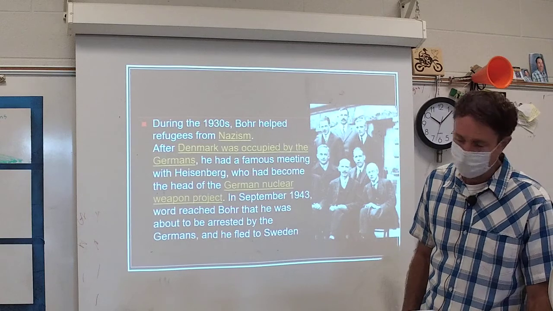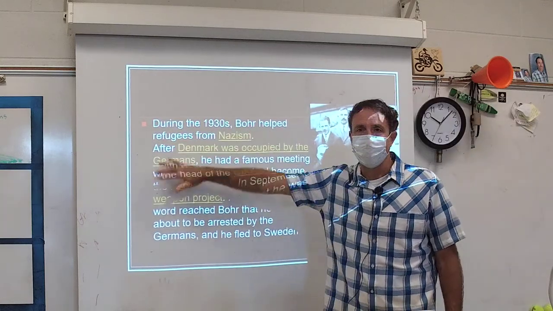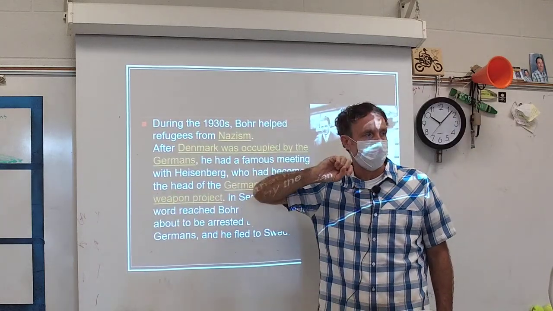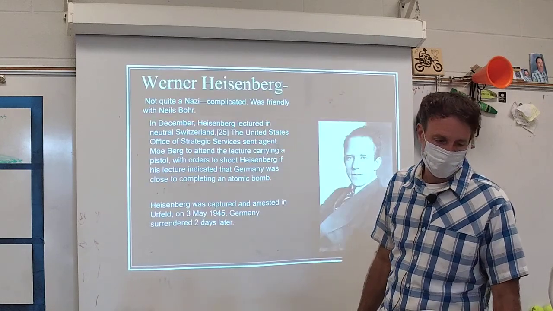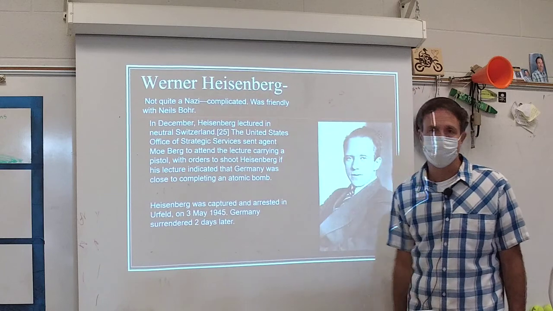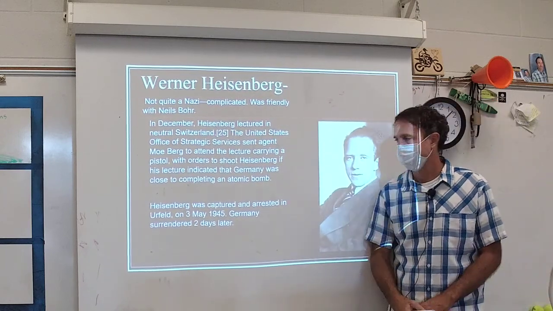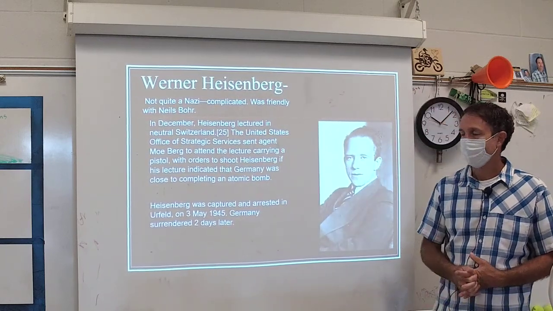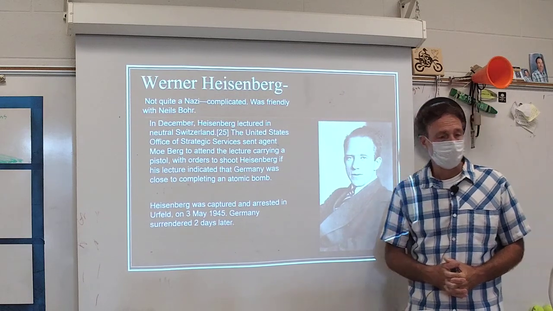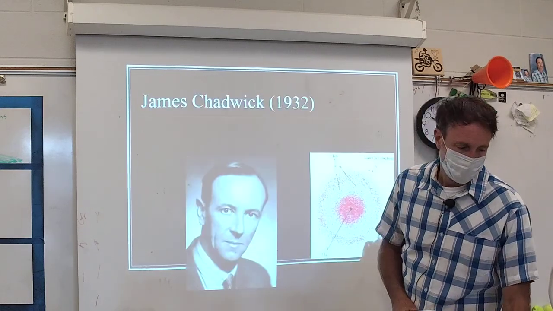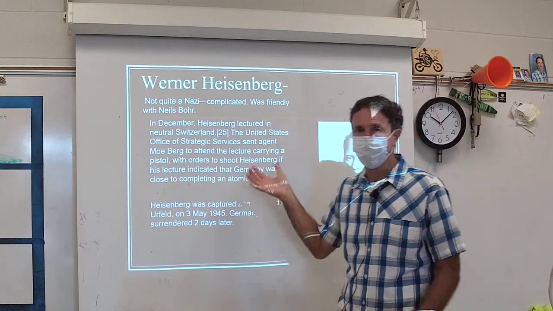Okay? And there's a really good story here about Niels Bohr and Werner Heisenberg. Okay. Werner Heisenberg. Heisenberg was a Nazi. Heisenberg came up with what's called the Heisenberg uncertainty principle.